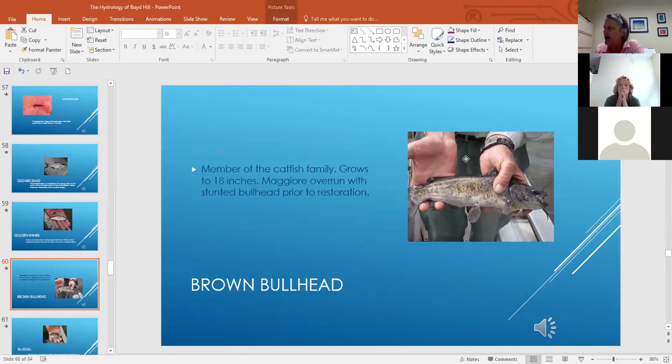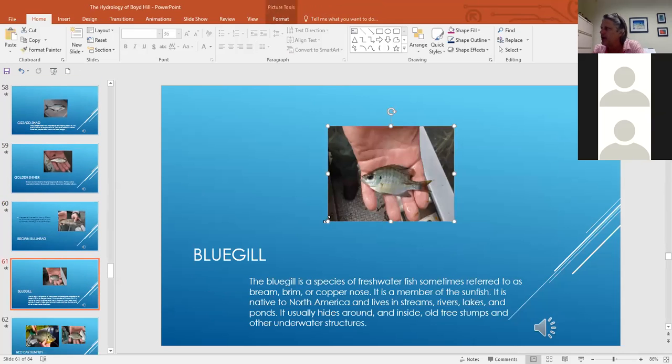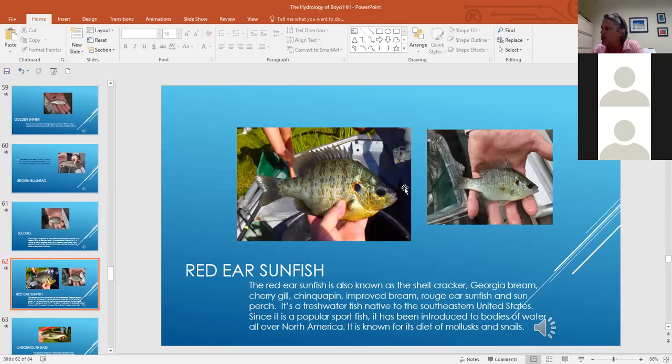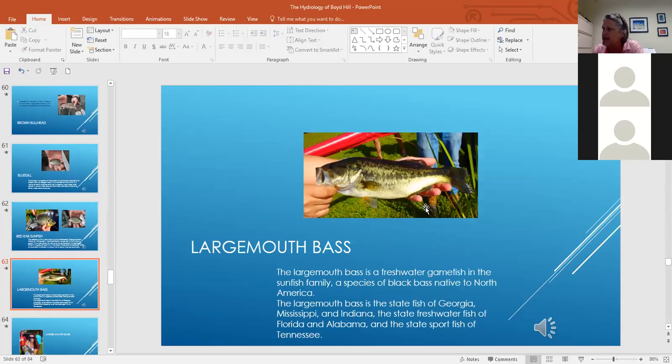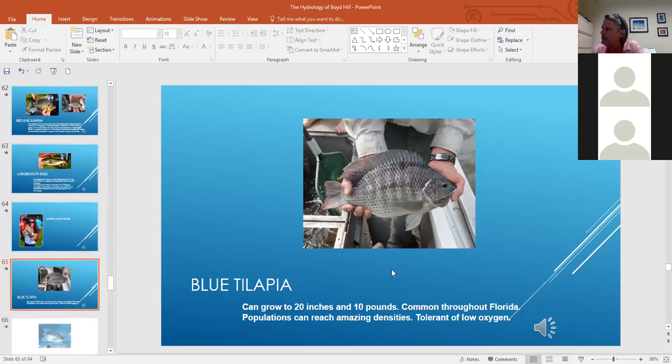The bottom-feeding bullhead have sharp spines, and they are in the catfish family. There's a bluegill. There's the shellcracker or redear sunfish. The largemouth bass. There's another one, a student got.